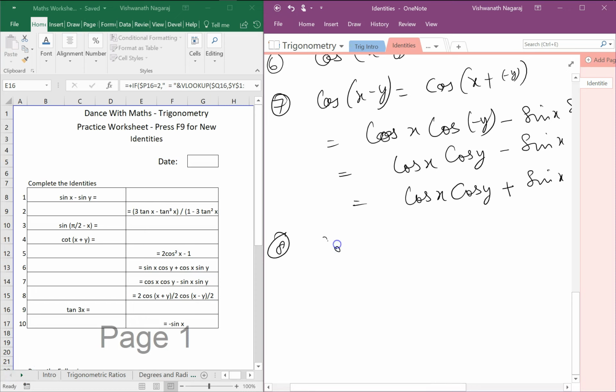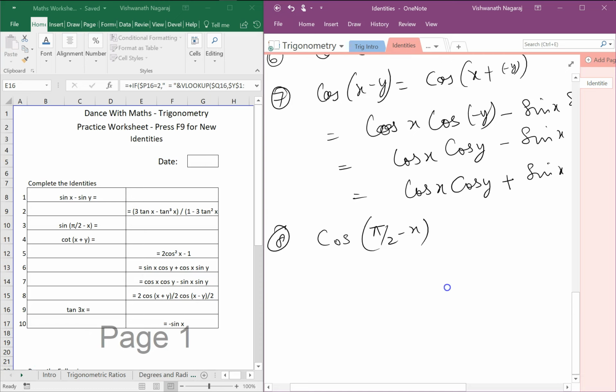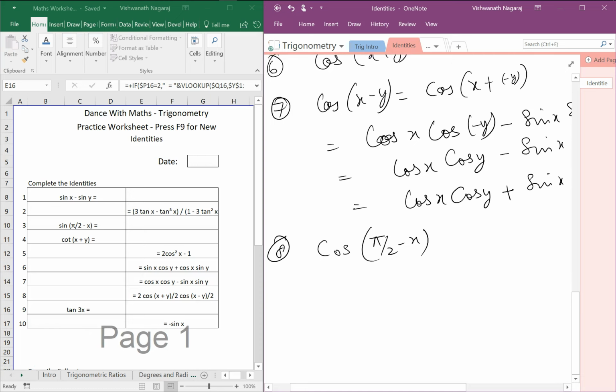Okay, cos (pi by 2 minus x). Remember, just now we have seen the previous identity, so we just substitute the values. We know cos (x minus y) equal to cos x cos y plus sin x sin y.